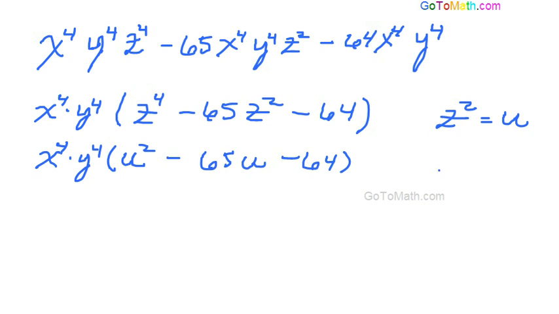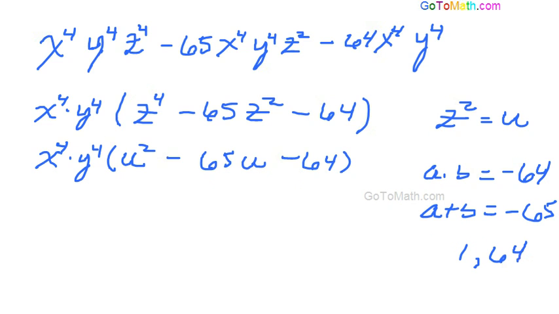So once again, we're looking for two numbers that when multiplied together give us negative 64, and then of course when we add them, we get negative 65. It seems like we did this earlier, and I hope there's no mistakes. But I got a bad feeling. I don't want to work this problem again. 1 and 64.